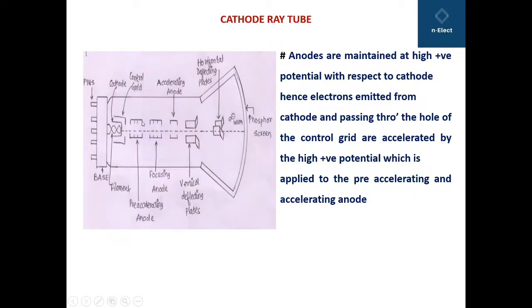Anodes are maintained at high positive potentials with respect to the cathode, and hence electrons emitted from the cathode and passing through the hole of the control grid are accelerated by the high positive potential applied to the pre-accelerating and accelerating anodes.